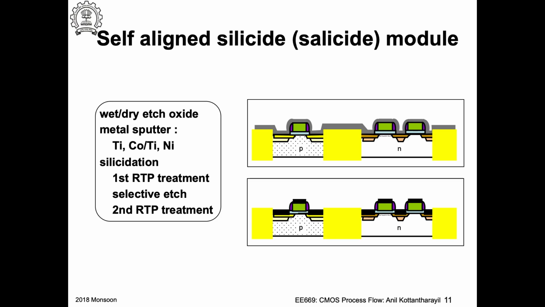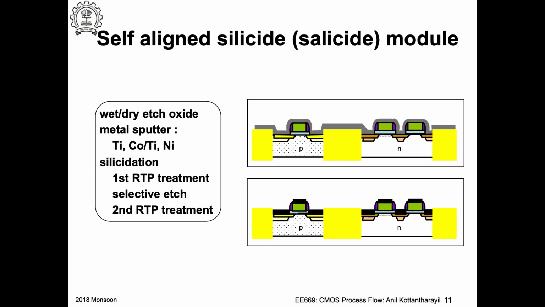So what are you going to do? Actually, you take this wafer, and you will clean it to remove any native oxide that has grown on the silicon exposed on the surface.